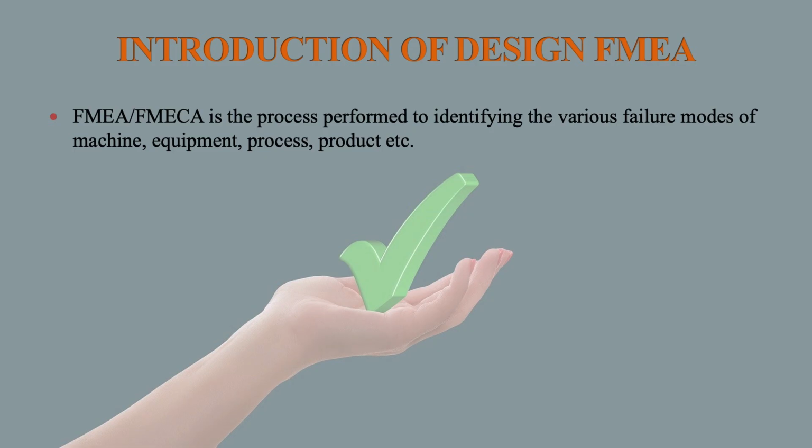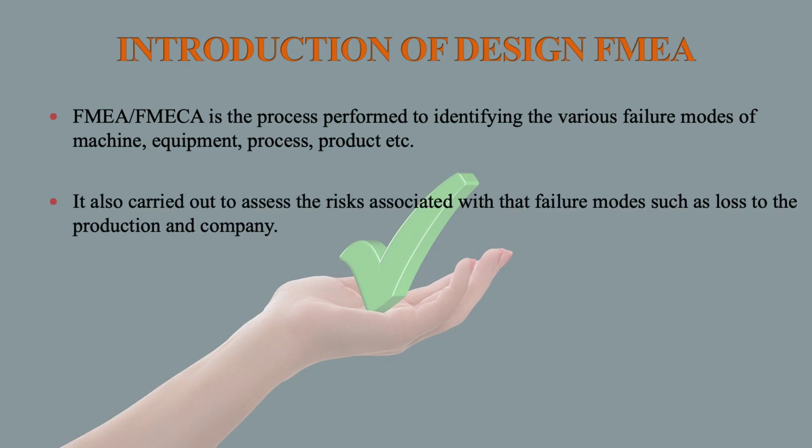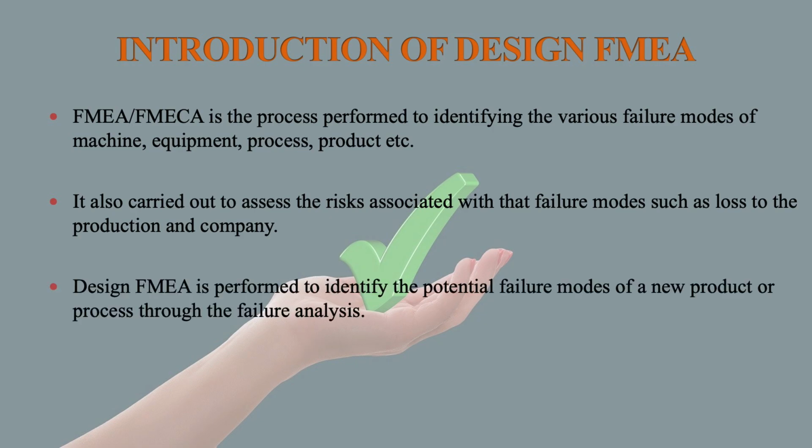FMECA is the process performed to identify the various failure modes of a machine, equipment, process, product, etc. It is also carried out to assess the risk associated with those failure modes, such as loss to the production and company. Design FMEA is performed to identify the potential failure modes of a new product or process through failure analysis.